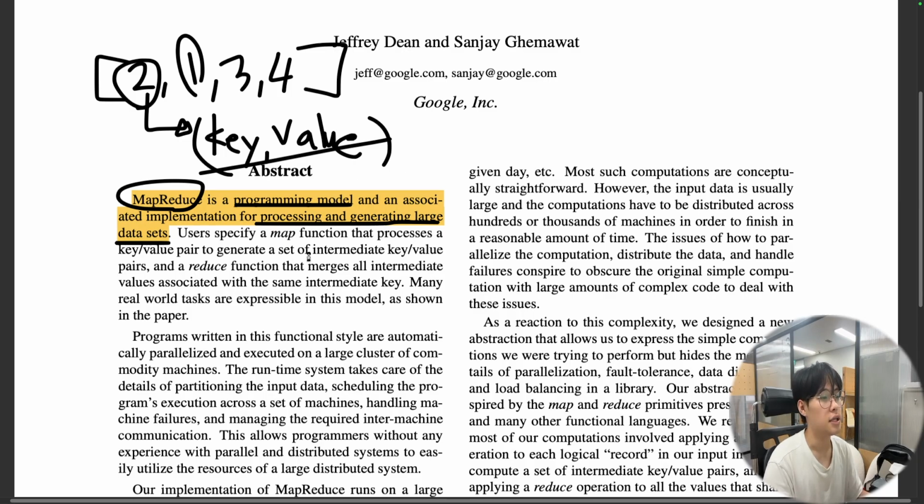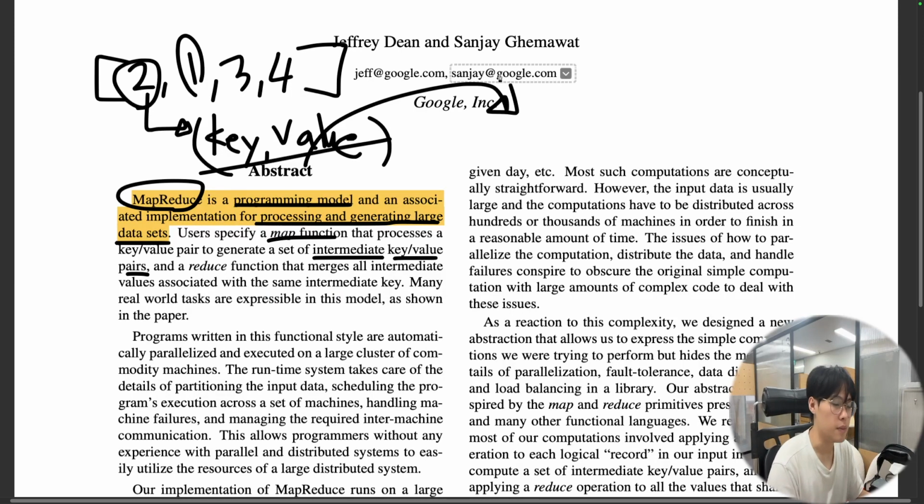Next is the intermediate part. After the map function, the work isn't really done. You have to take this key value data set and transform it into the new data sets that the user wants.